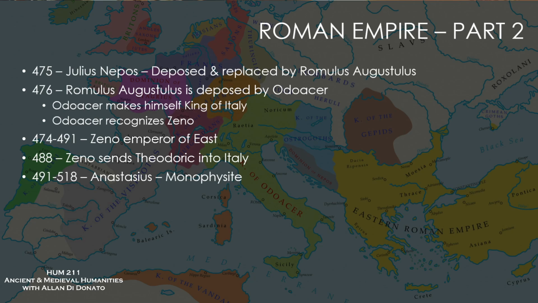And it was at this time that in Italy, Odoacer ended up being defeated by Theodoric. And rather than returning the peninsula of Italy to the empire, as Zeno had hoped, Theodoric ends up taking the territory for himself. Now, Theodoric and the Ostrogoths are going to form their own kingdom now in Italy.